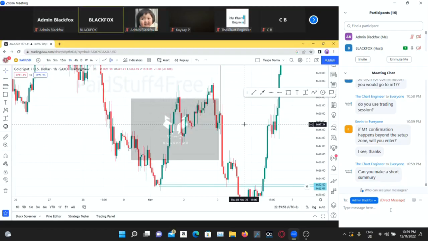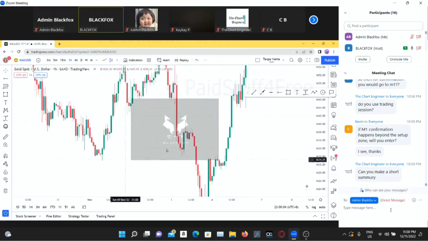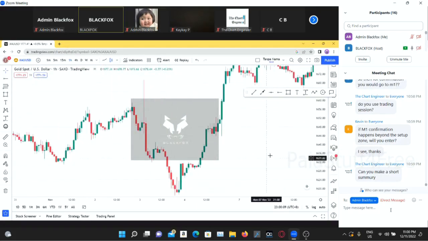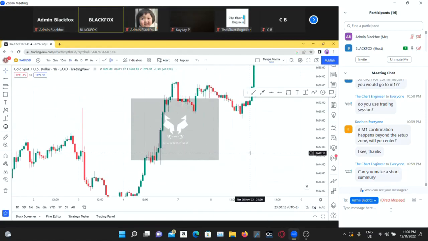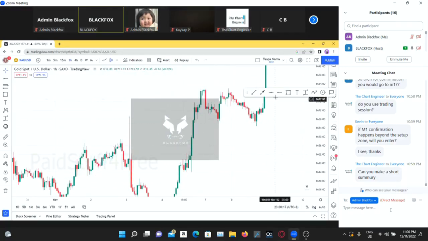Okay, for the short summary: for market structure, we will wait for confirmation, first breakout, confirmation, second breakout. And for storyline, we will use fresh SNR only, fresh SNR.